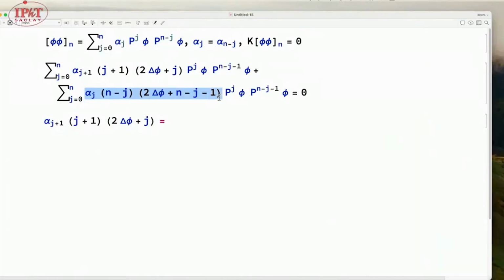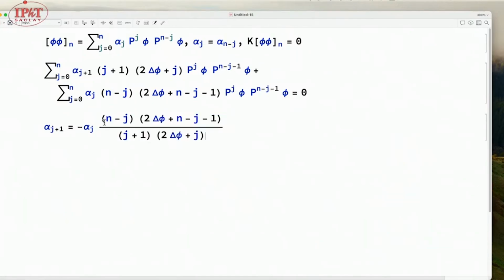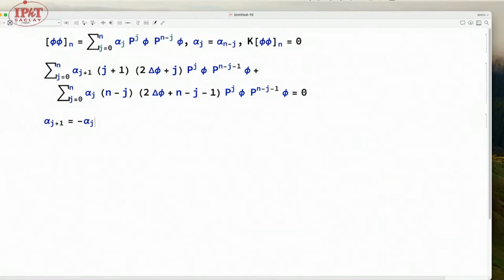So the recurrence relation is this one, which allows us to solve, the equation looks like that. So we can solve for alpha j plus 1 in terms of alpha j as such.